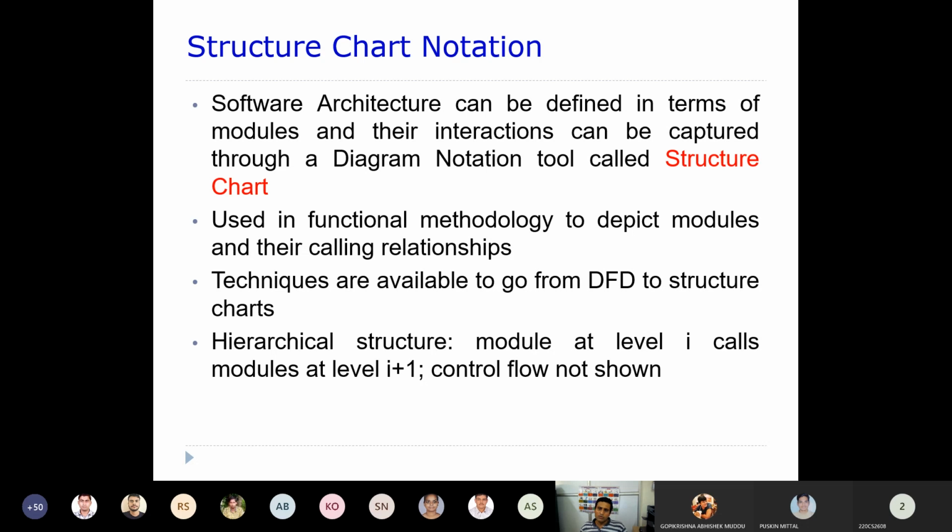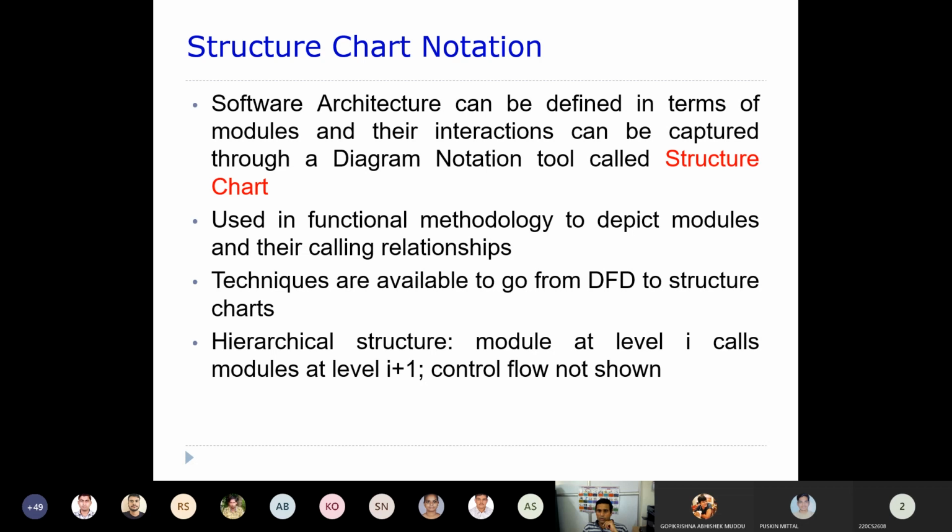If a data flow diagram is developed, that DFD can be converted into a structure chart using some techniques. We will talk about this when we cover DFD, at a later point of time, right? Now, part of any structure chart, it is usually a hierarchical structure.